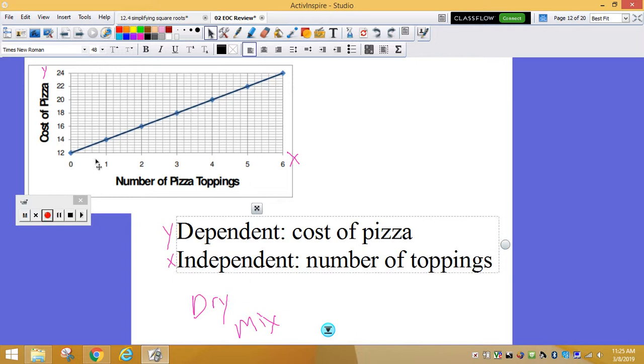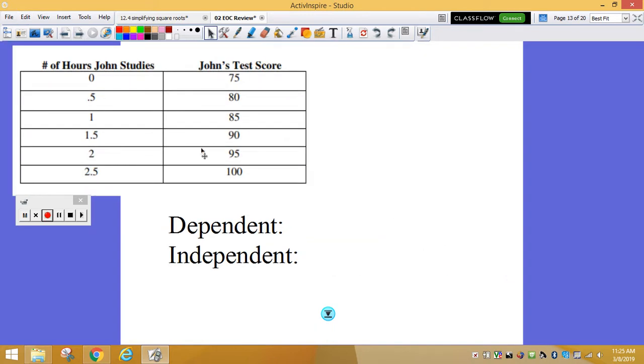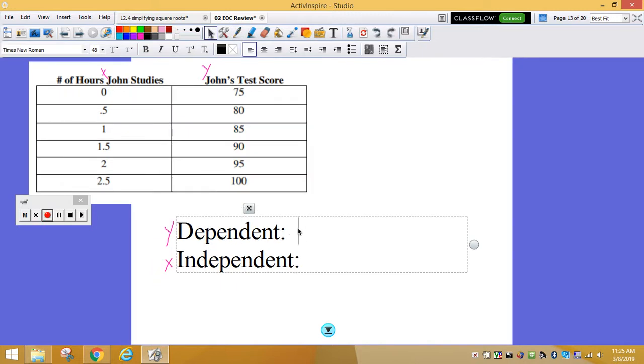See how I did that? Dependent is on the y, so that's the cost. Independent is on the x. Again, dependent is the y, independent is the x. So tables go x and y. So that means dependent is going to be the test score, and that means independent is going to be the hours studied.